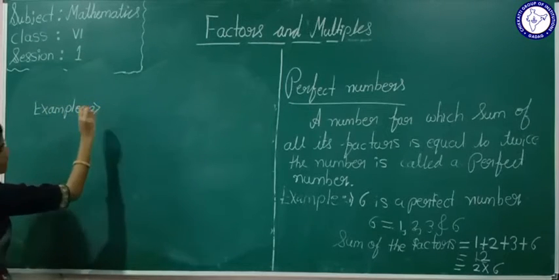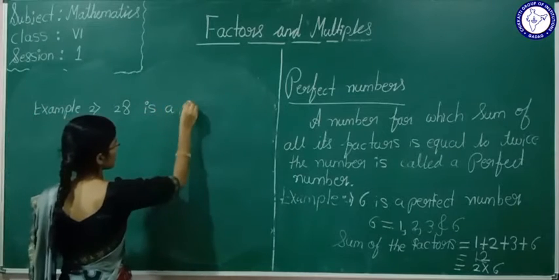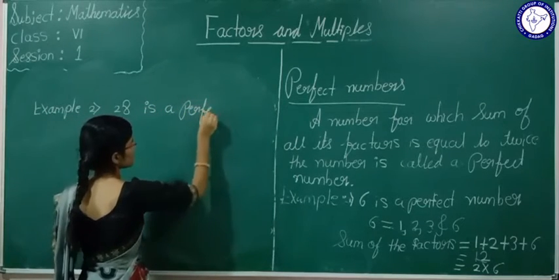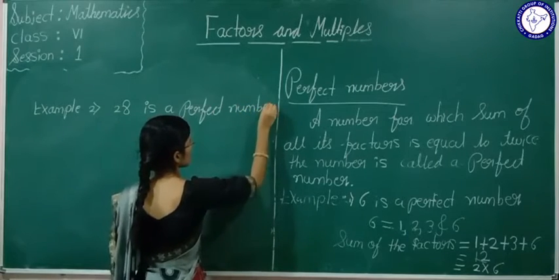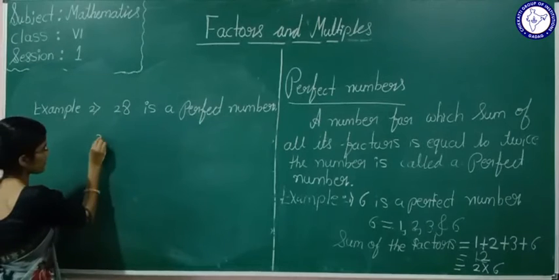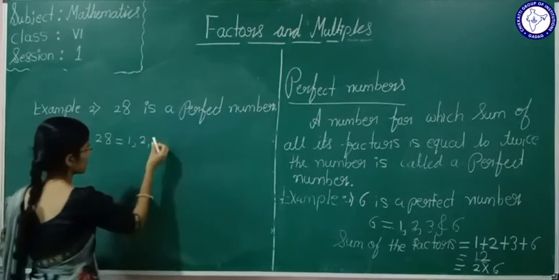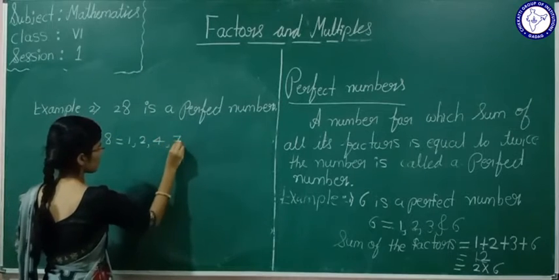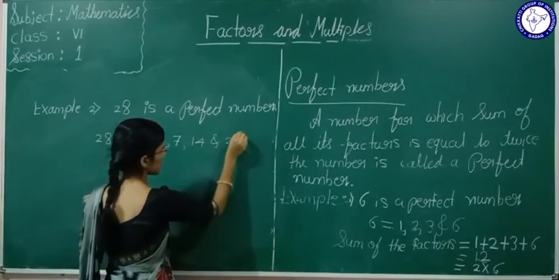Example 2. 28 is a perfect number. See the factors of 28: 1, 2, 4, 7, 14 and 28.